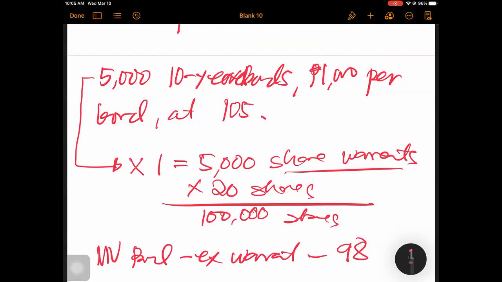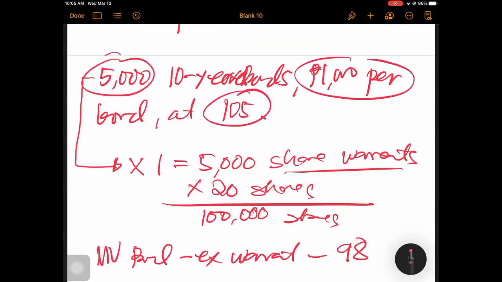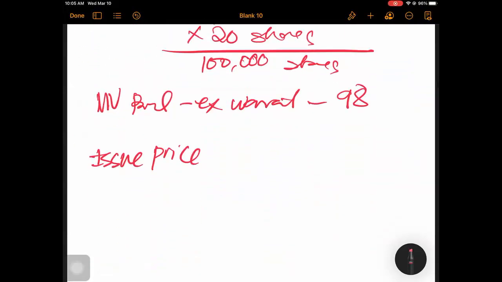Okay, that's 5,250,000. So, you have 5,000 bonds, at 1,000 per bond, issued at 105. Right? So the issue price is 5,000 bonds times 1,000 per bond times the issue price of 1.05.